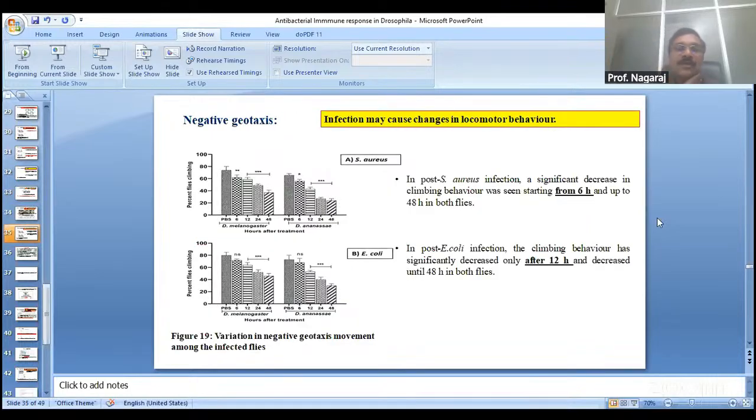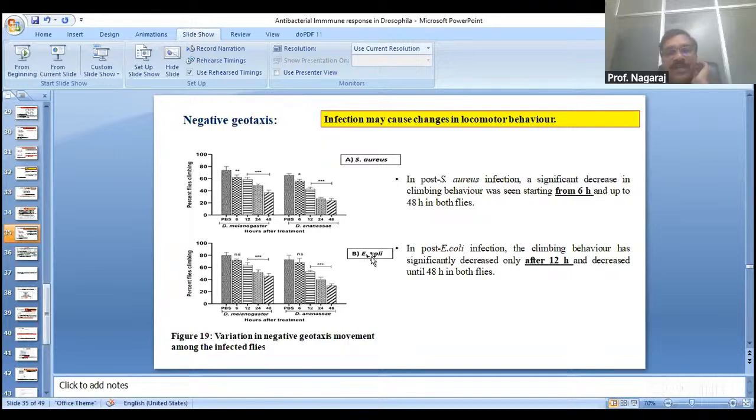So behaviorally, this was assessed by negative geotaxis. It is one of the important experimental assays that we do, either stress physiology or immunological aspects. Fly negative geotaxis is one of the parameters to be studied, behavioral assays.